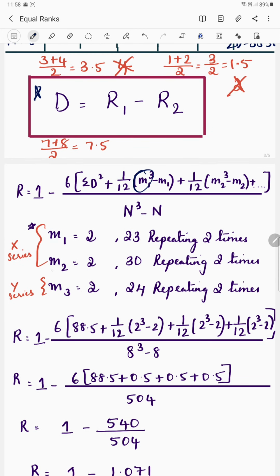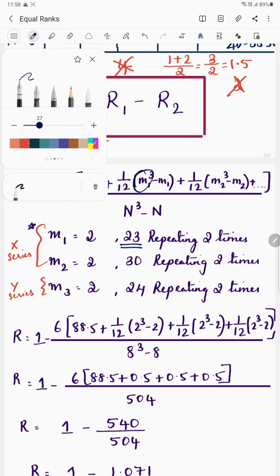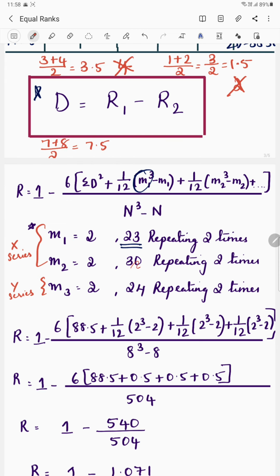Now how am I writing the m value? M1 is 2, m2 is 2 for x series because 23 is repeating 2 times and 30 also is repeating 2 times. How many times it is repeating? Like that we are going to write m value. Imagine 23 was repeating 3 times. So m becomes 3. Okay, I'm just giving an example. Now y series also we have 24 repeating 2 times.